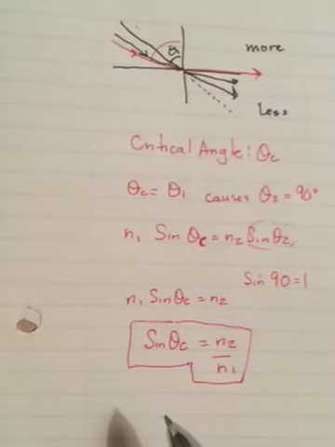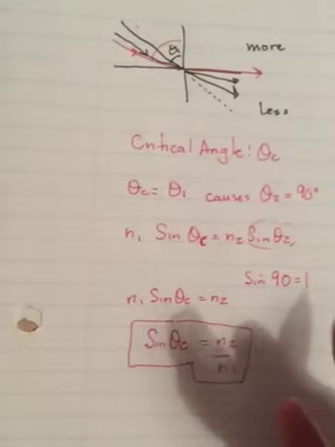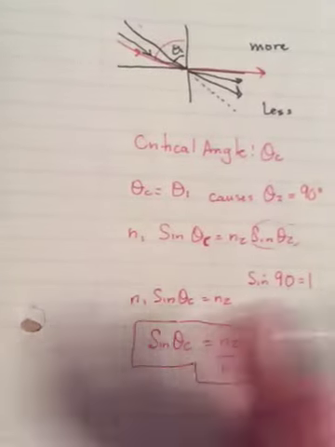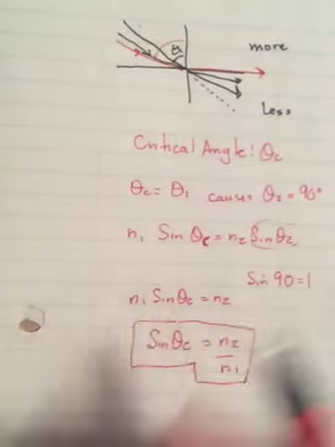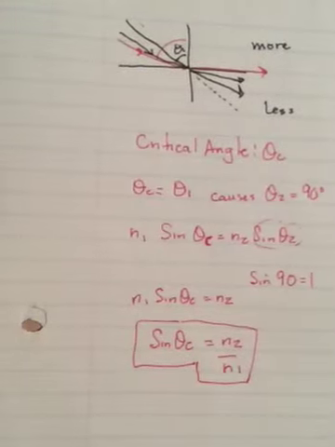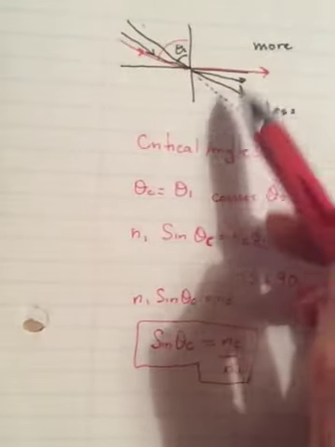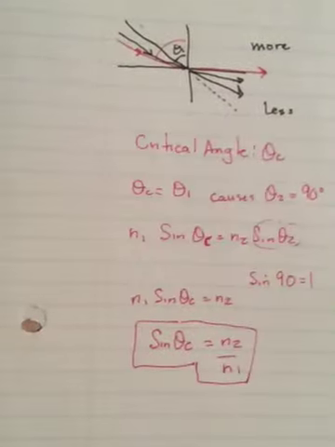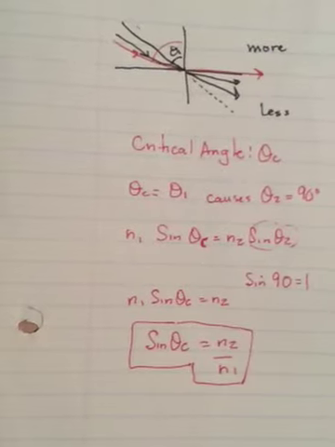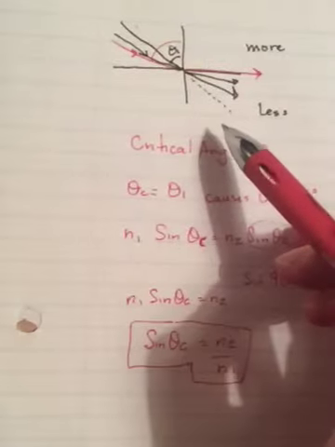When you're doing questions, if it doesn't tell you the second medium, if it doesn't mention one medium and it only tells you what the second one is, and for critical angle, if it doesn't tell you what the second medium is that's less dense, it's always air. So if it says find the critical angle for water, it means it's going from water to air.